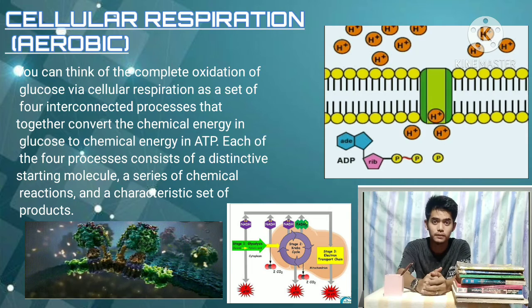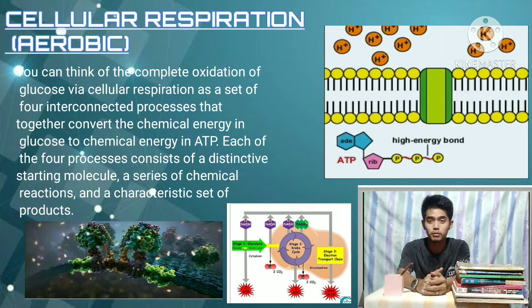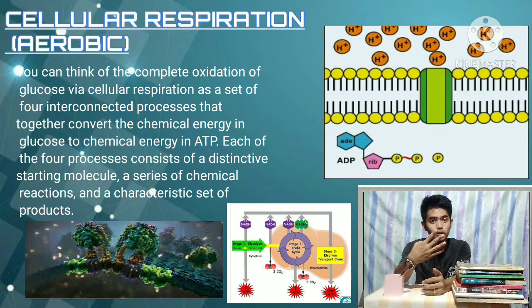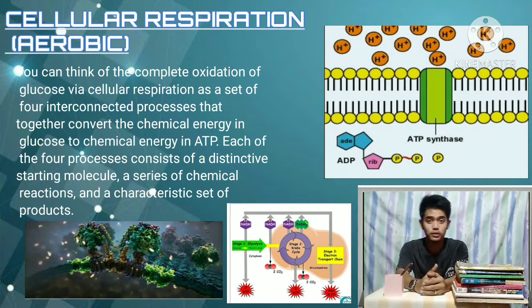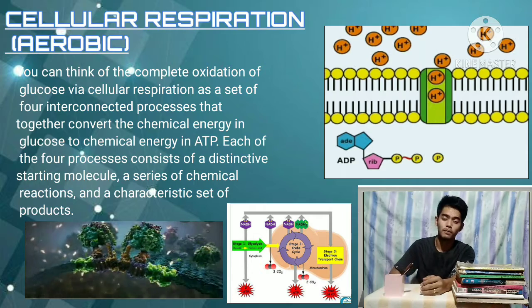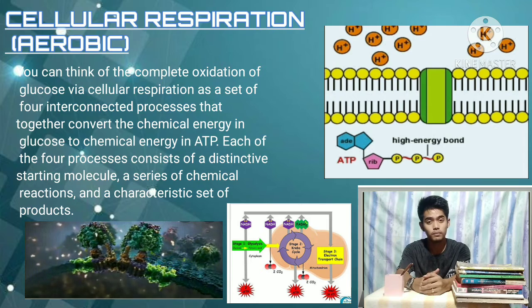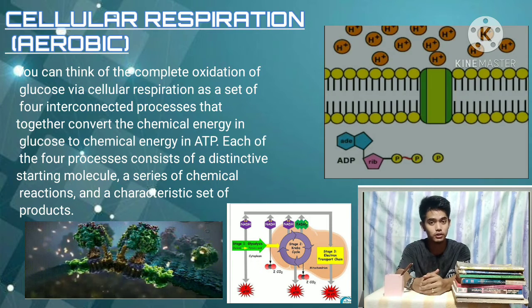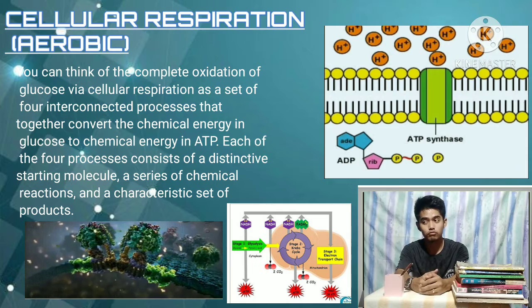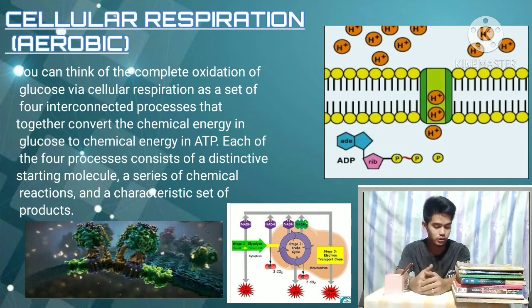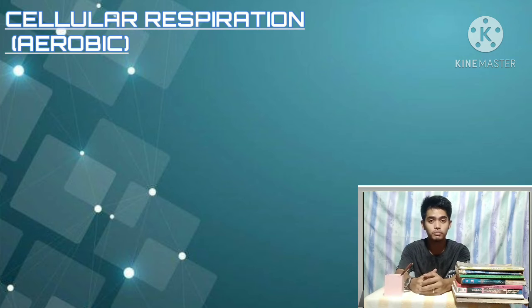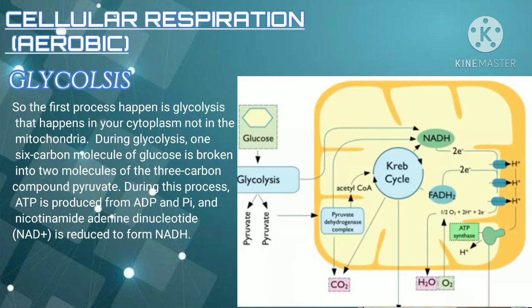You can think of the complete oxidation of glucose via cellular respiration as a set of 4 interconnected processes that together convert the chemical energy in glucose to chemical energy in ATP. Each of the 4 processes consists of a distinctive starting molecule, a series of chemical reactions, and a characteristic set of products. So the first process, an anaerobic process, is glycolysis, which happens in the cytoplasm and not in the mitochondria.